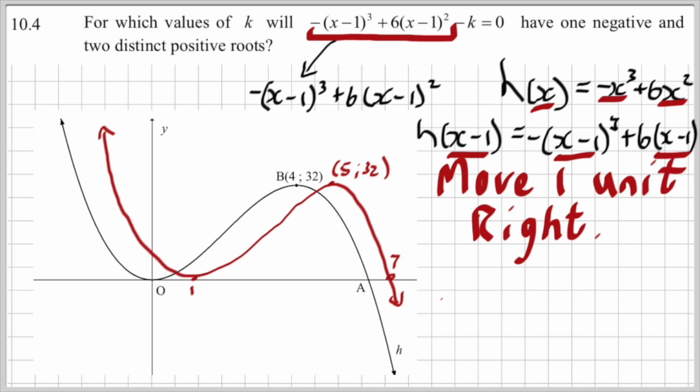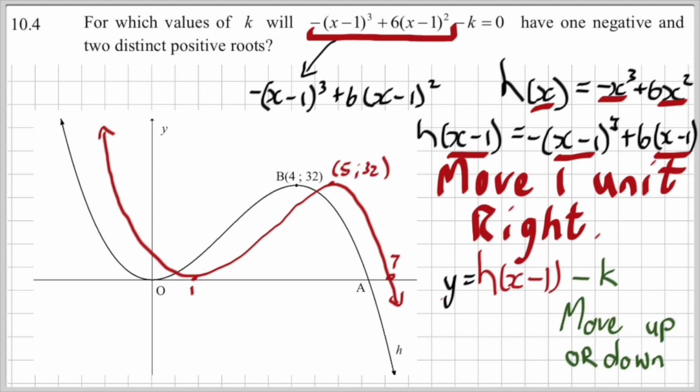If I look at the graph of y equal to h of x minus 1 minus k, that k is a move up or down. Now you might come and say, wait, where do you get this from? Remember, the first part of my expression is h of x minus 1.